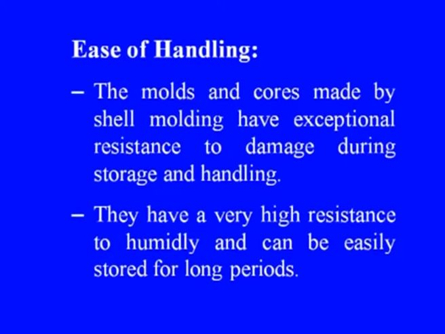Ease of handling is another big advantage of this process. The molds and cores made by the cell molding have exceptional resistance to damage during storage and handling. They have a very high resistance to humidity and can be easily stored for long periods.